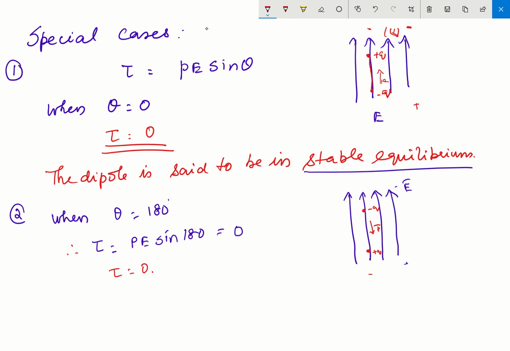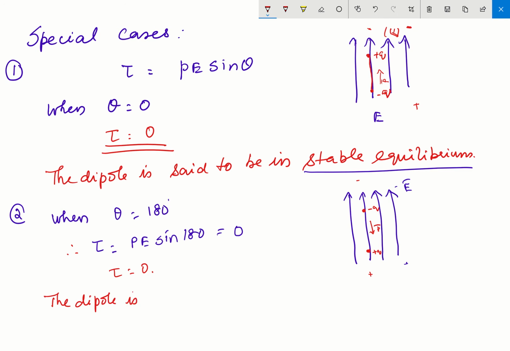Plus q is towards the positive side of the electric field and minus q towards the negative side, so there is some instability. They are not happy in this alignment. In this case, the dipole can be disturbed at any time.